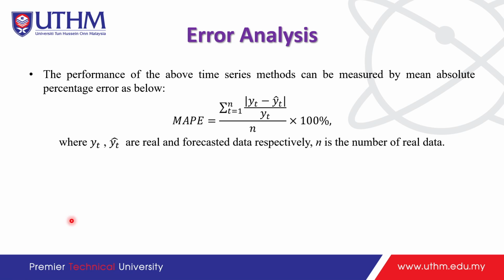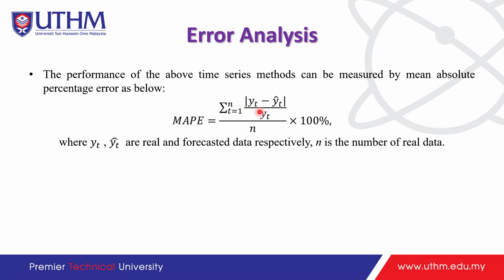The performance of the time series method can be measured by the mean absolute percentage error, which is the summation of yt, the real data, minus ŷt, the forecasted data. The numerator is the absolute error divided by yt.